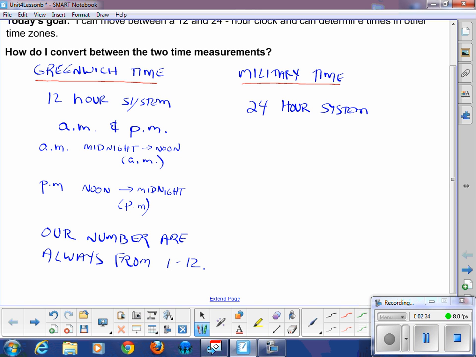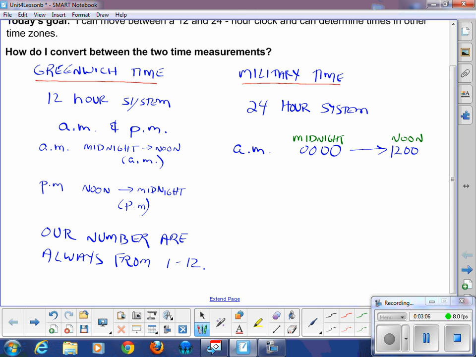In the 24-hour system, the way it works, AM, at midnight, starts at what they call 0 hours, and it extends out to 1200 hours. So this is your midnight, and this is your noon.